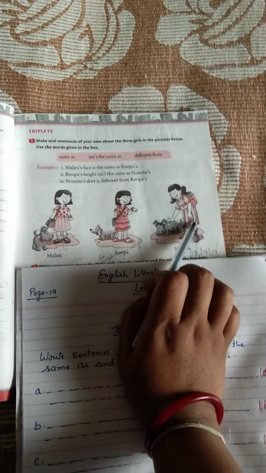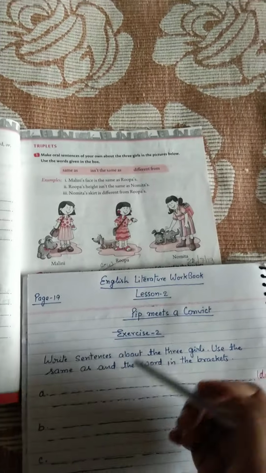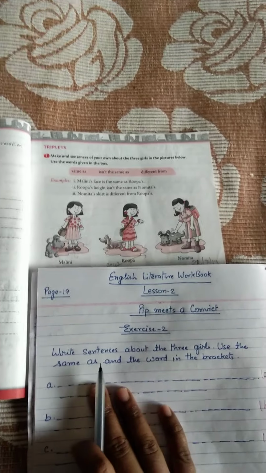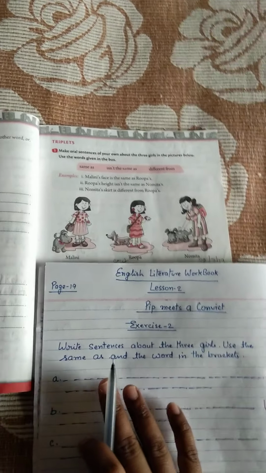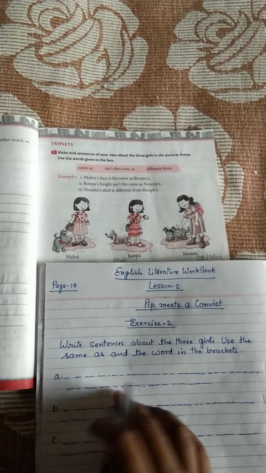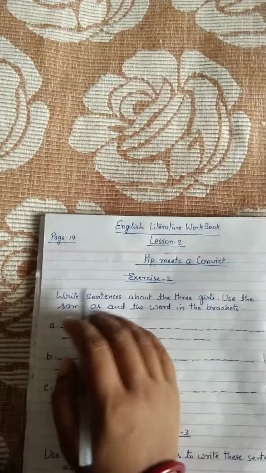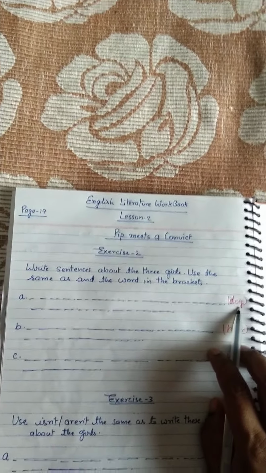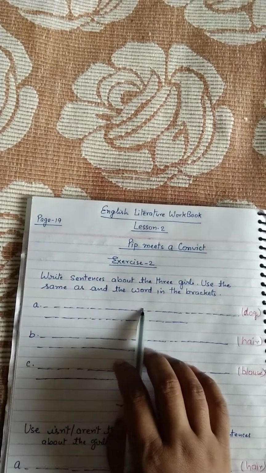What do you all have to do? Come to exercise 1. I am going to discuss how you can complete it in the workbook. Write it with the help of a pencil only in the workbook. The first option is given, dog. What can you write in the fill-up?